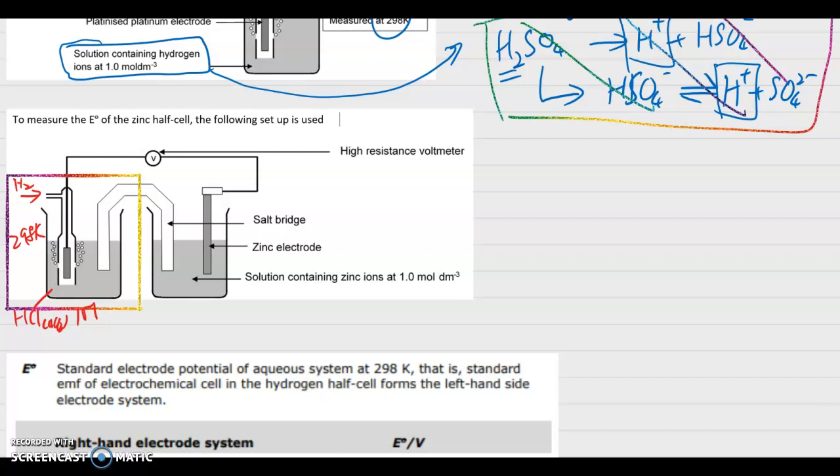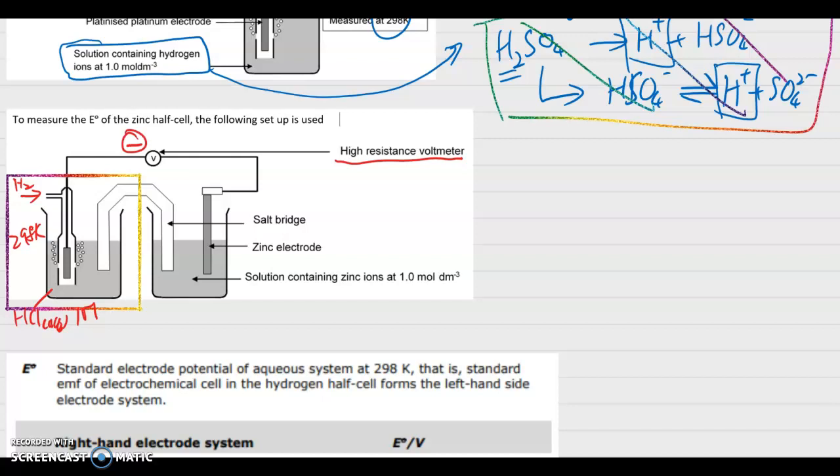This voltmeter is a high resistance voltmeter, so it can give us a more accurate reading. And this hydrogen standard cell is connected to the voltmeter's negative terminal.